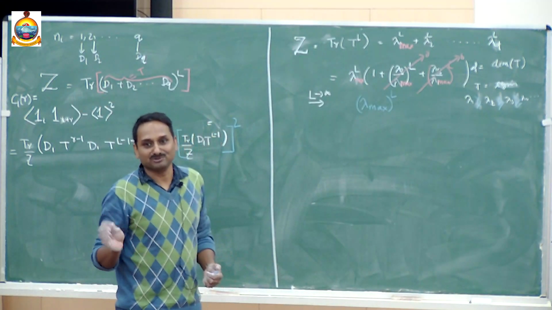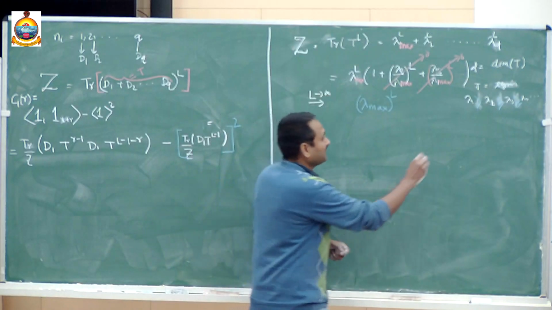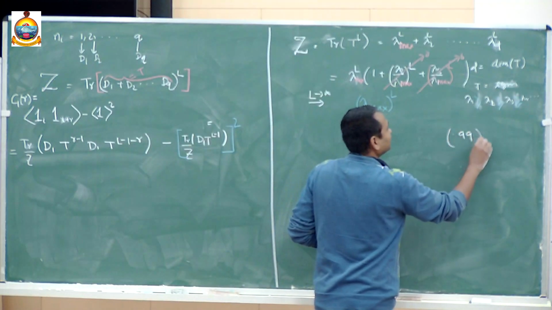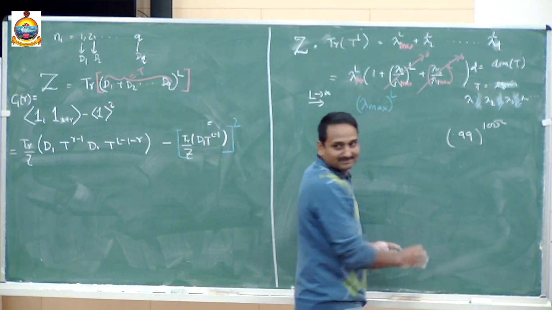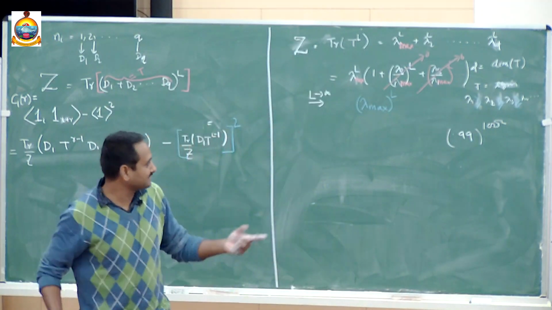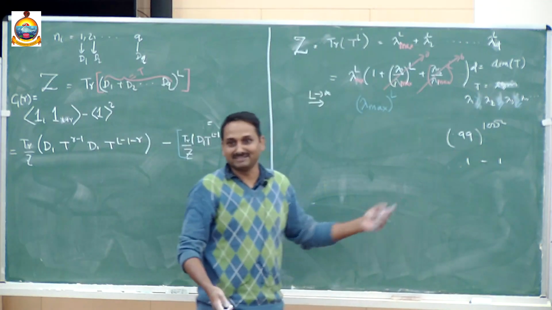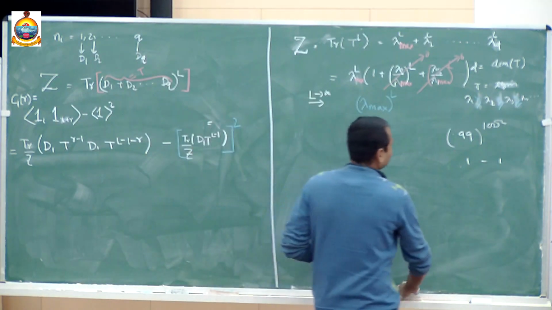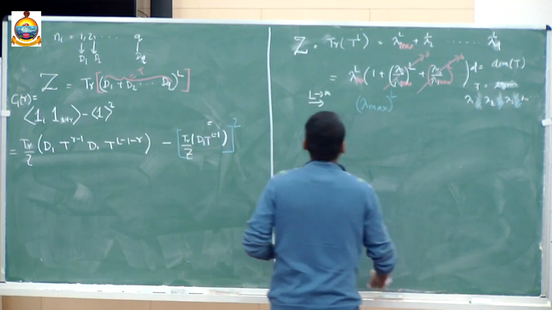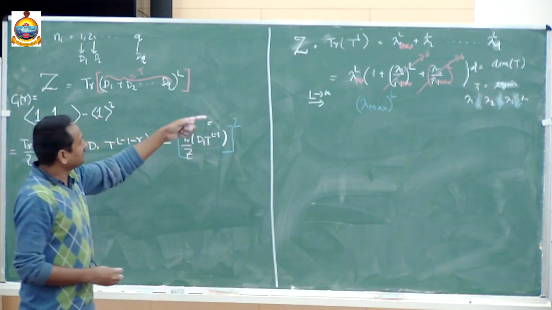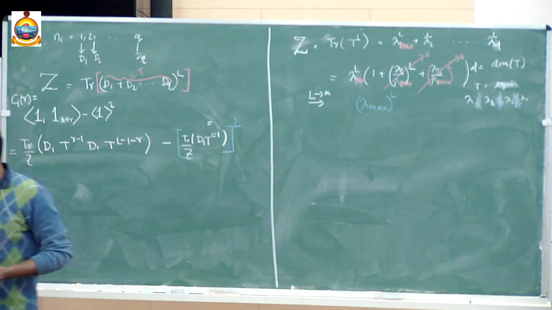Even 0.99 to the power 1000 is small. The first term is just 1 and the second term is also 1 by that, which is 0. If you expand it, it is 0. These numbers are very small. So you have a partition function given by that.